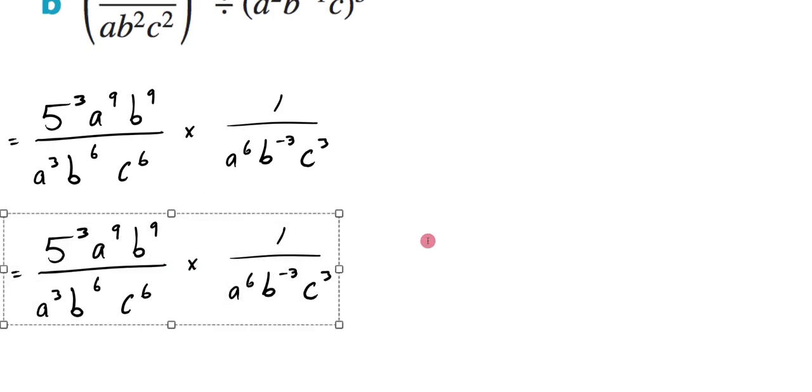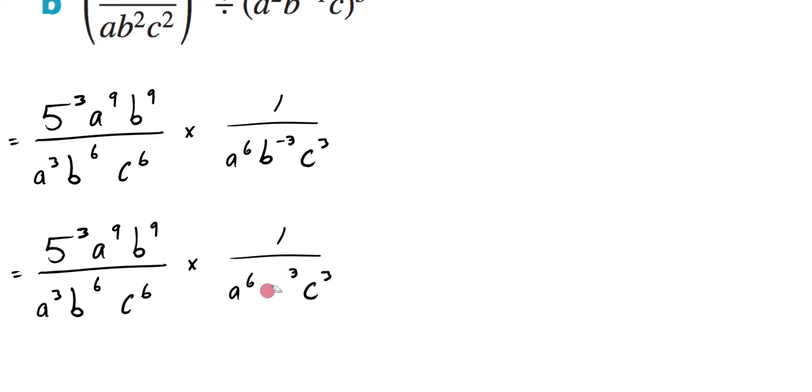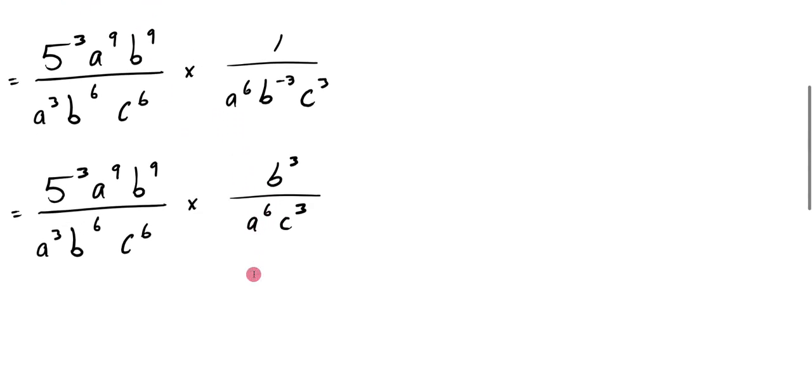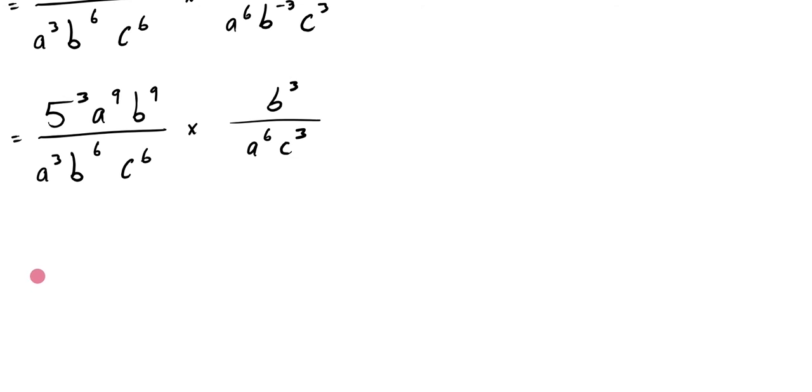Bring this up here, B^3, so it's no longer negative anymore. I might just get rid of those and put them next to each other now. So I'm going to get A^6 C^3. That 6 looks like a B. Perfect.